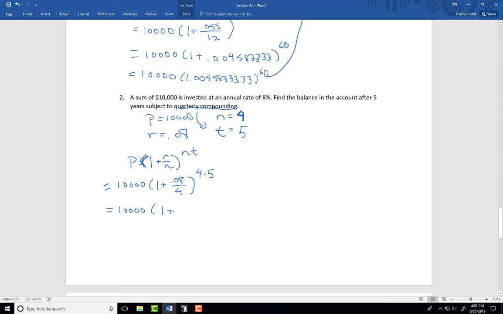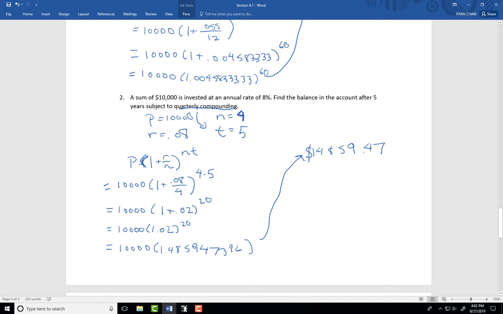So it's 1 plus 0.02 raised to the 20th. And then you can multiply this here. So I get $14,859.47, and that's my final answer.